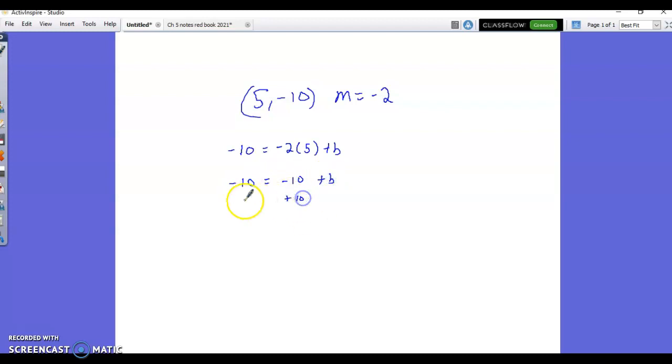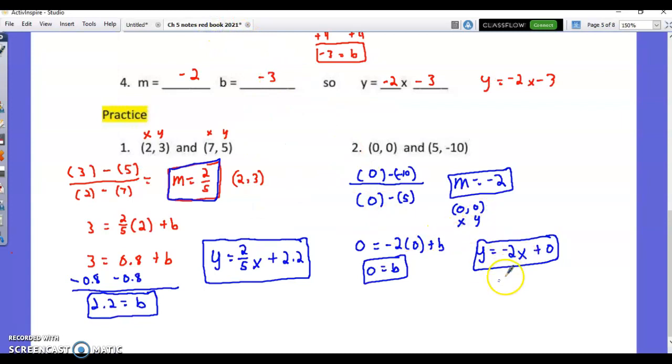Add 10 to both sides. So this is 0 equals b. So we can see that b came out to the same, so y equals -2x plus 0. Same answer that I got here.